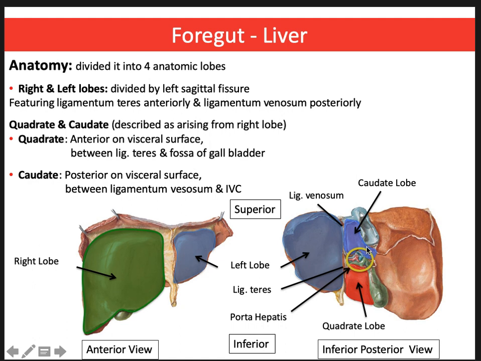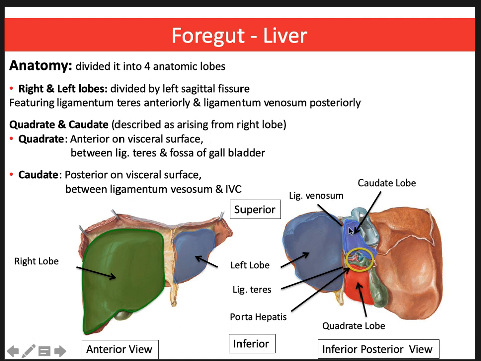All the vessels that are entering, the veins that are leaving, but also the hepatobiliary tree that will leave this region, this hilum. So you have your falciform ligament that will be here, that behind will be called the ligamentum venosum, right here, and then you have your porta hepatis. So on the posterior side, you have your caudate lobe.